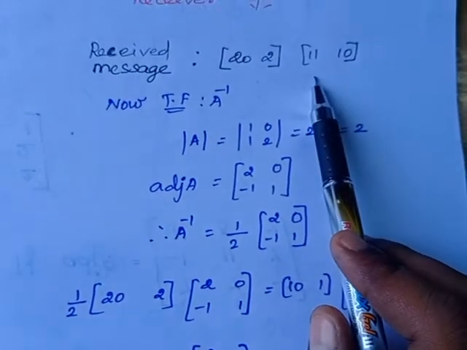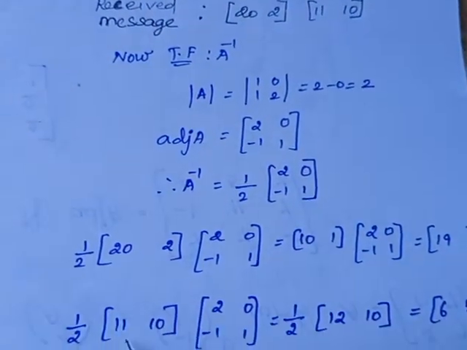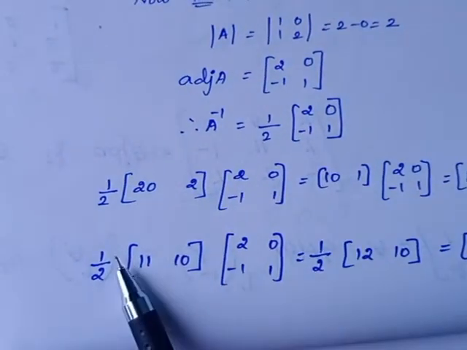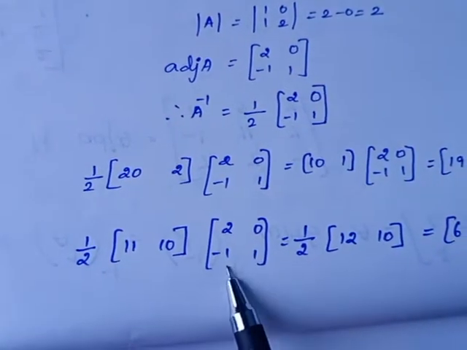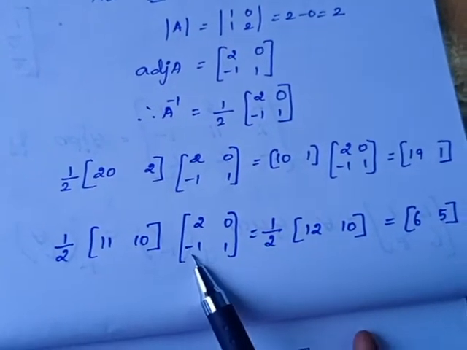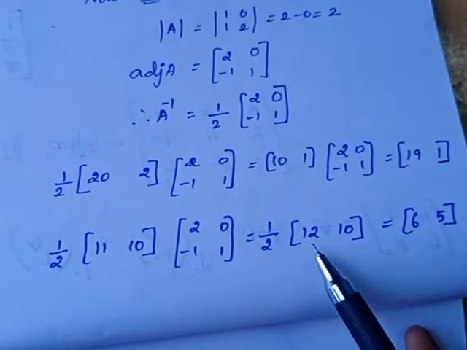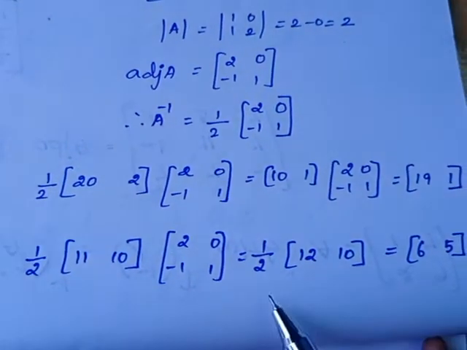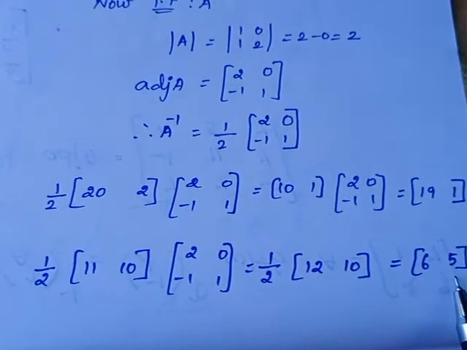Next take the matrix 11 10. Multiply it with the A inverse matrix, 1 by 2 into 2 0 minus 1 1, which is equal to 1 by 2 into 12 10. 2 is common for this matrix, so taking it out we get the answer 6 5.